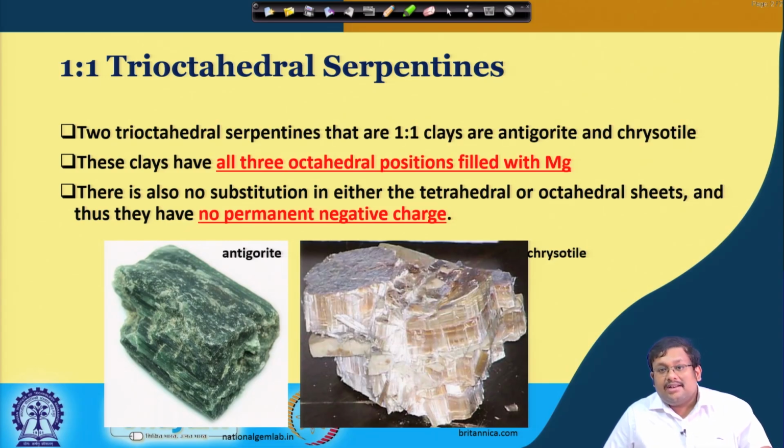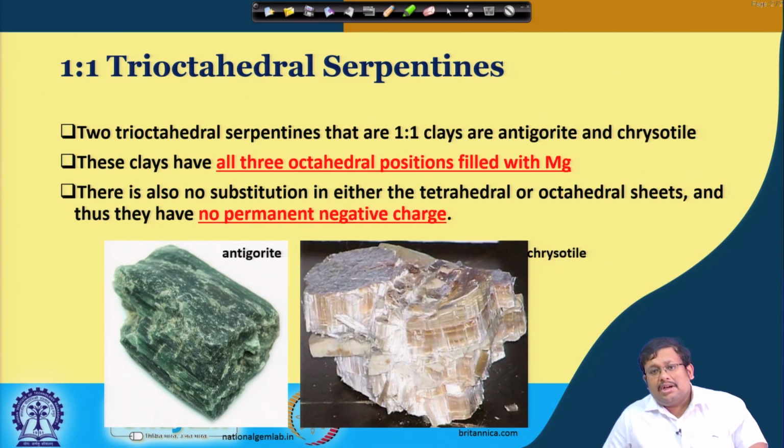Because these are trioctahedral, you know that in the trioctahedral structure 3 out of the 3 octahedral positions are filled, and in that case magnesium is the major cation. So, all 3 octahedral positions are filled by magnesium, and there is no substitution in either the tetrahedral or octahedral sheet, and thus they have no permanent negative charge.